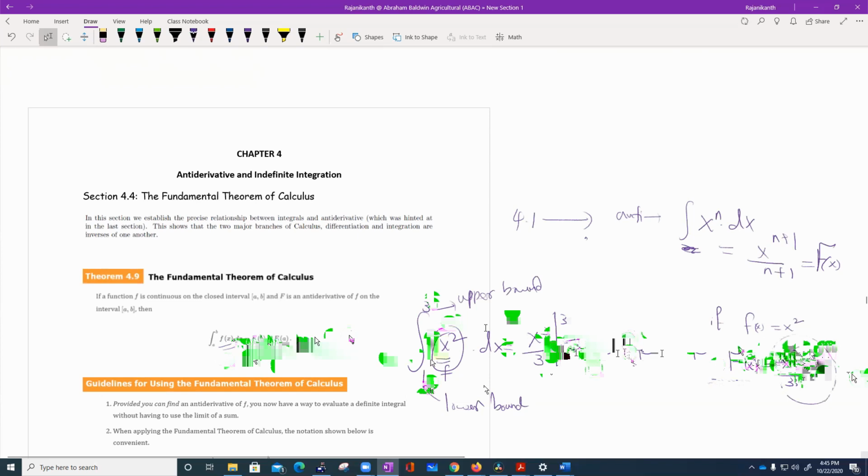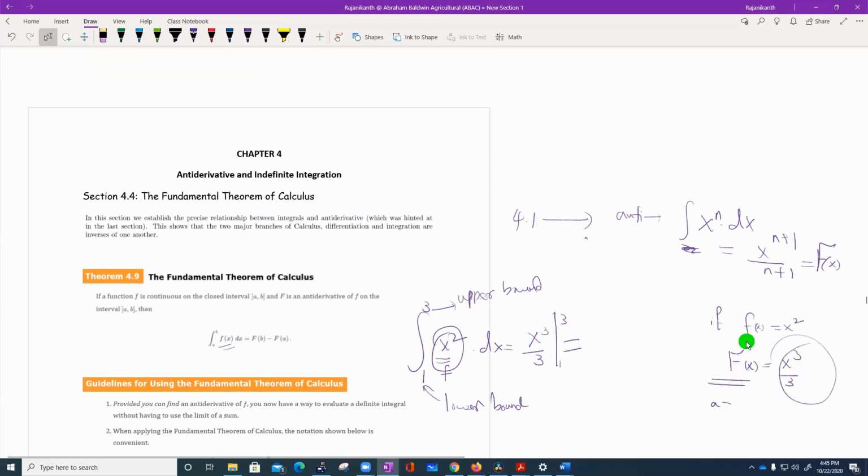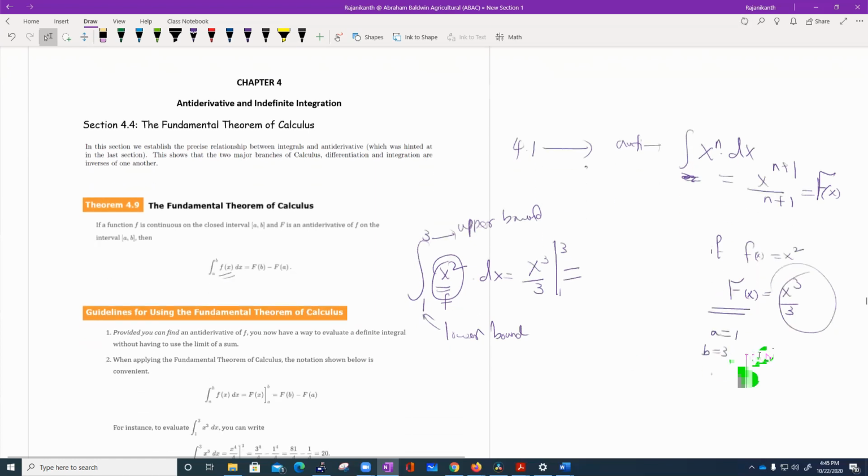We simply plug the upper bound value into that function. Here a is 1 and b is 3, so you need to find F of 3, this is my F of b, and F of a is F of 1. You have to find these two, then subtract them.